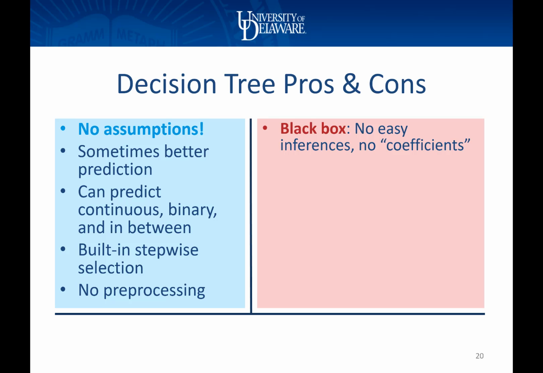The first and most important from my perspective is that it's a black box. It's not easy to make inferences in the way that we normally can look at a hypothesis test and determine which variables are significant. We can't do that. We also don't get coefficients. So we don't know, hey, for every time we increase age by 1 year, on average, we'll see this effect.